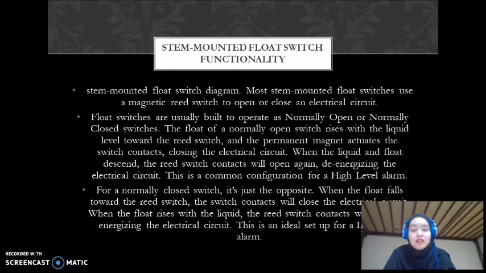So that's the operating circuit explained. When the liquid descends, the reed switch contact will open again, de-energizing the electrical circuit. This is a common configuration for a high-level alarm.